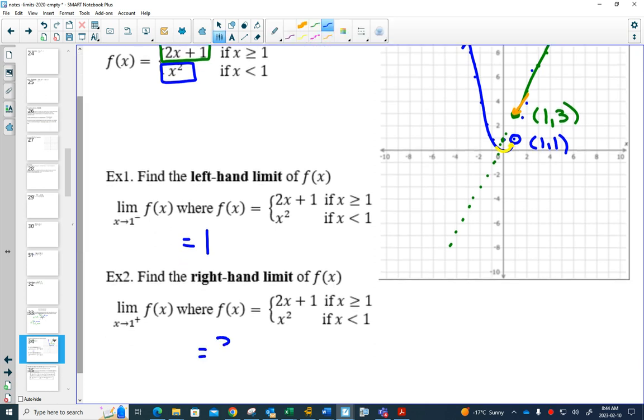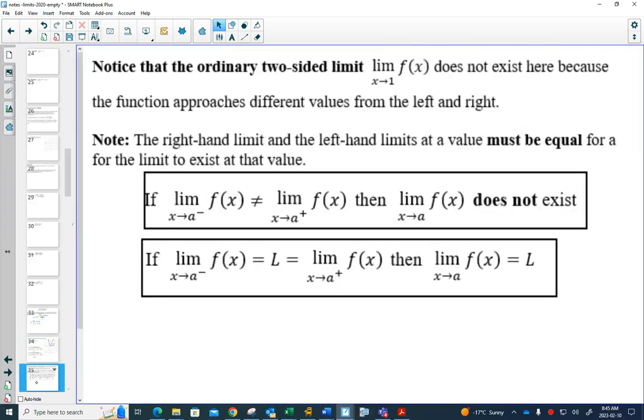That would equal 2. So if your left-hand limit and your right-hand limit don't equal, then we say the actual limit does not exist. If they are equal, then what they equal to will be the actual limit as well.